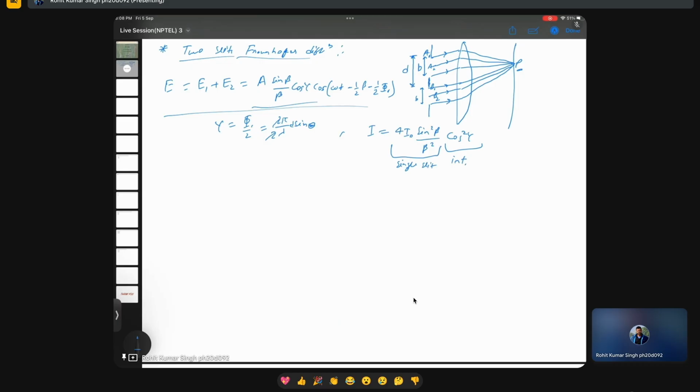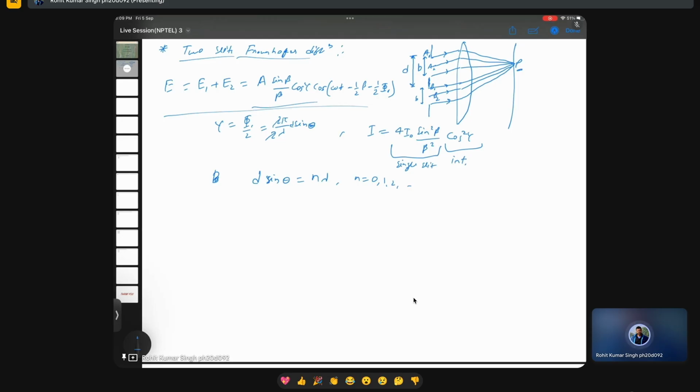Now, the condition for interference maxima was d sine theta is equal to n lambda, right, where n could be 0, 1, 2 and so on.